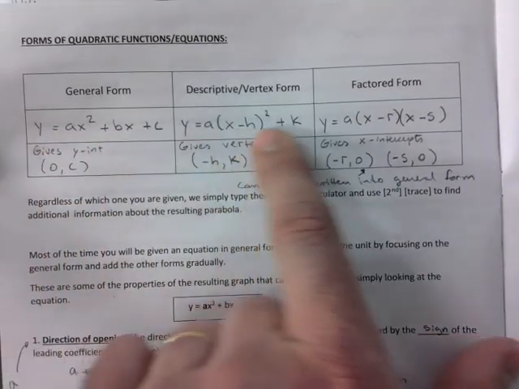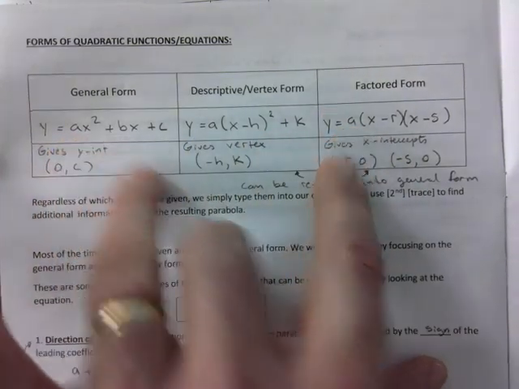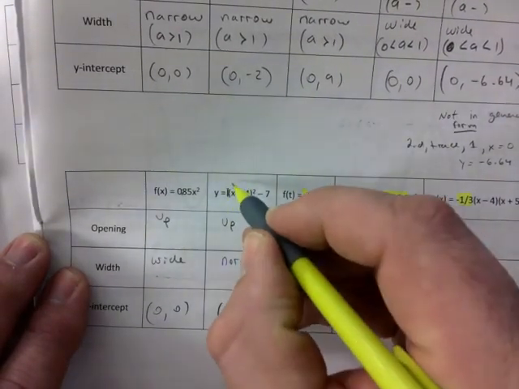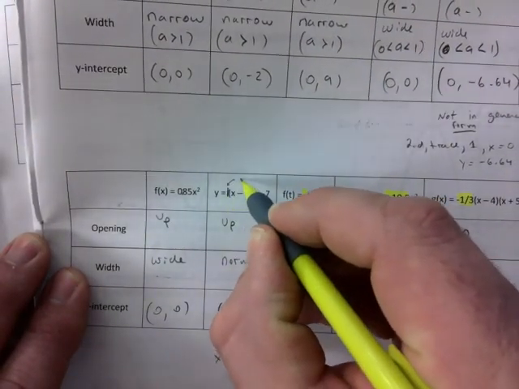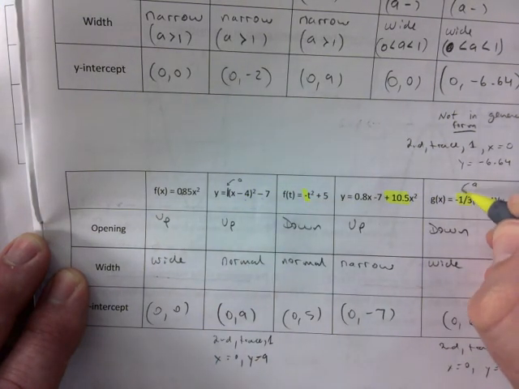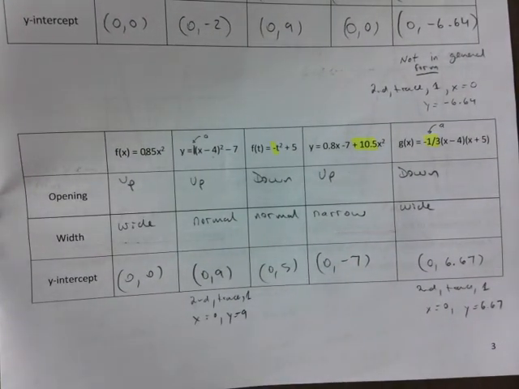So no matter which one of these 3, just look at the value up front, and that's how you get it. This being 1, A is right there. A is right there. A is right there. So the value of A is what tells me all of that.